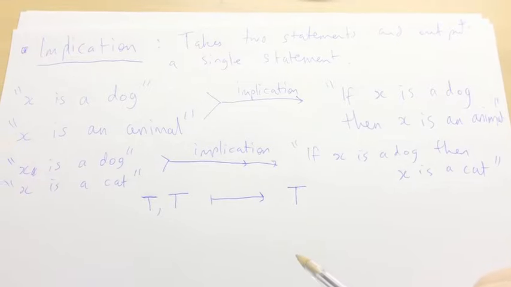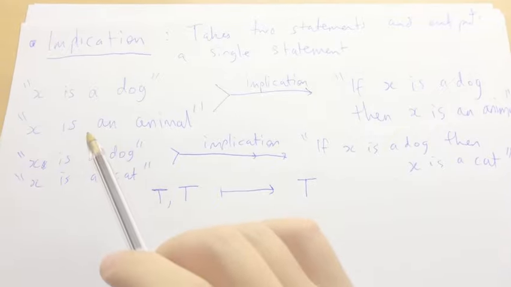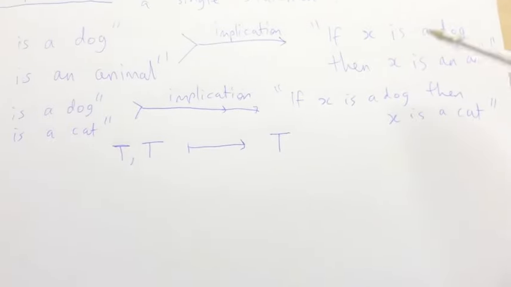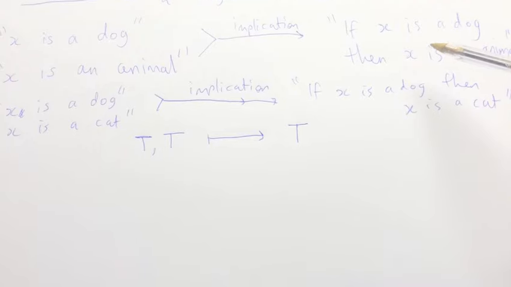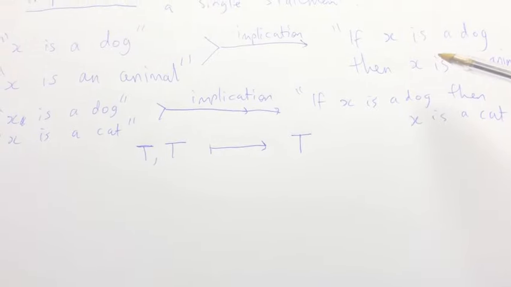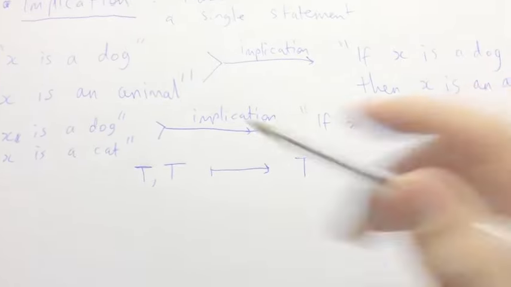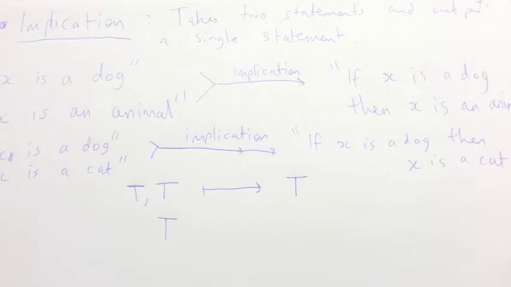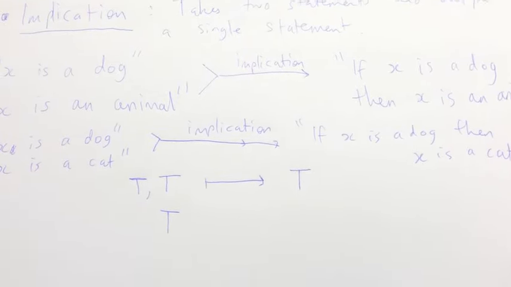Okay, well, what if X is a cat? So the second statement is true: X is an animal. But X is not a dog.